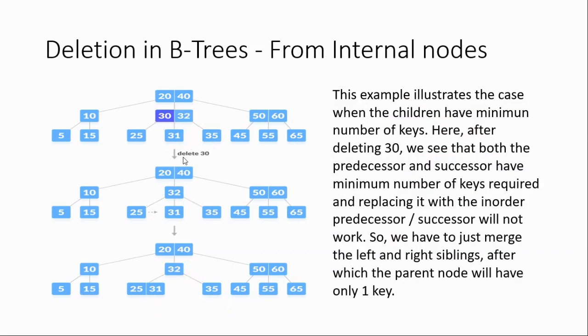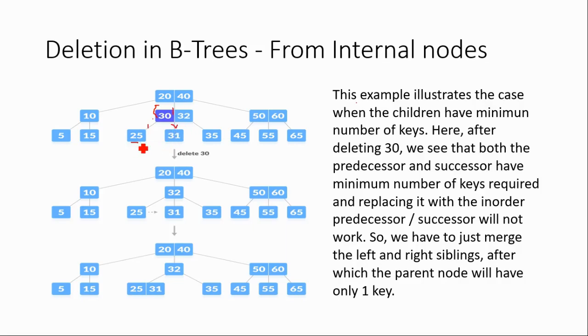Now this is the second case of internal node deletion. In this case, both of the children of the node from which we are deleting have the minimum number of keys. Here we are deleting 30, and the left child is 25, the right child contains 31.